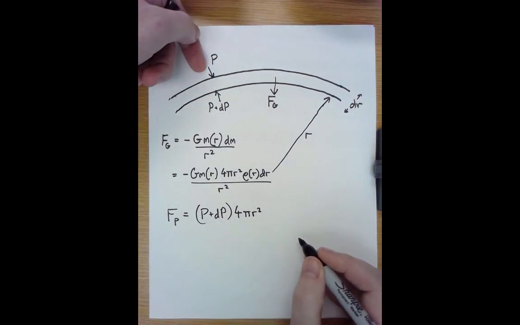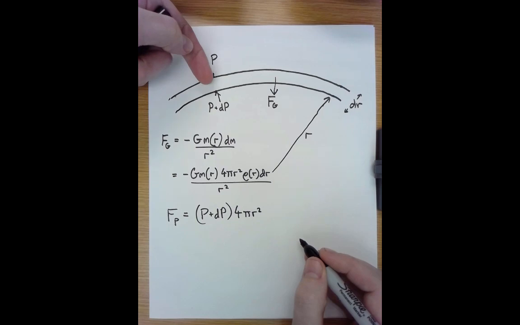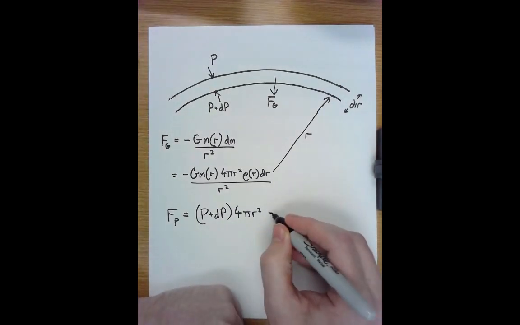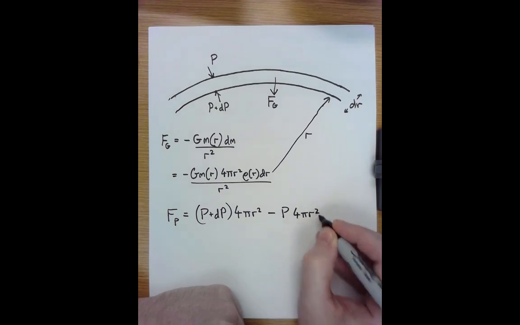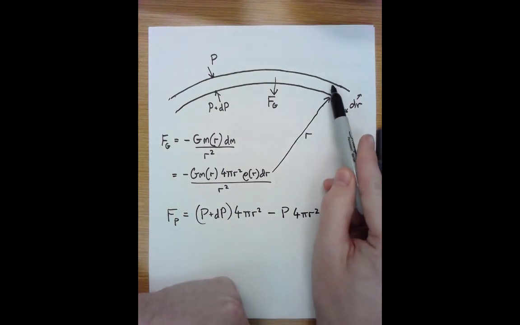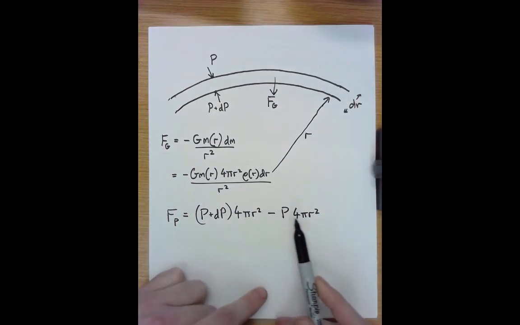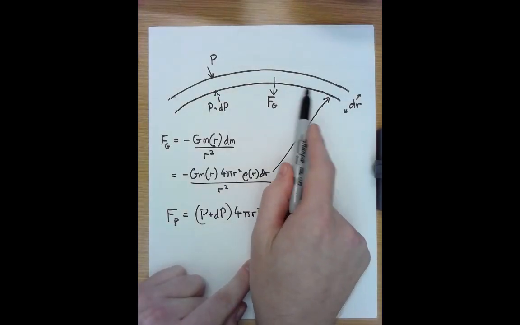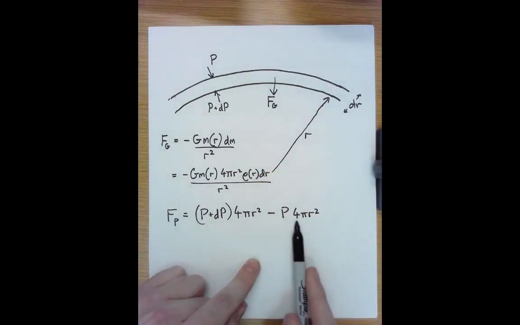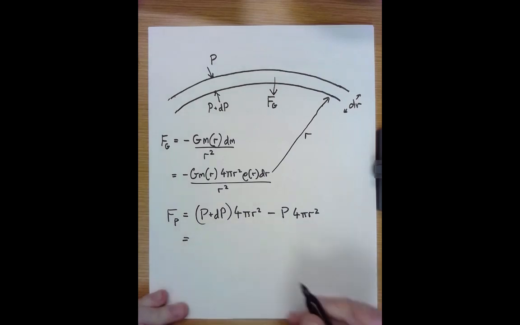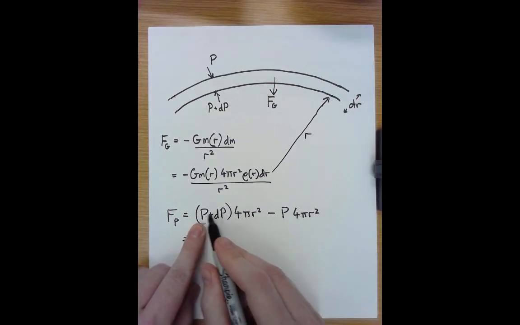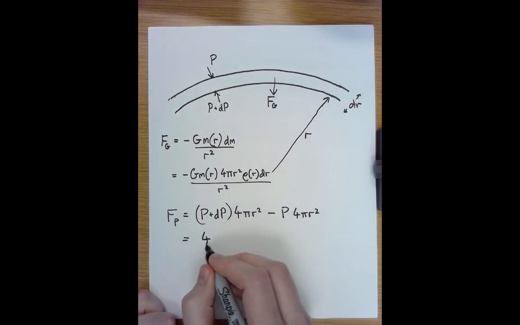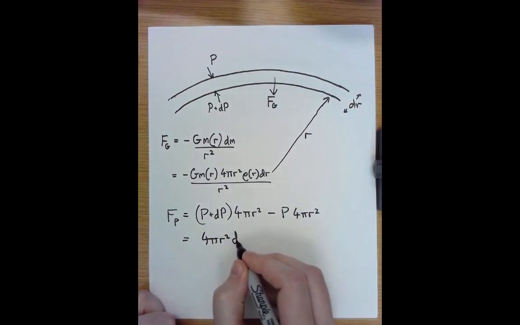And then the force acting in the other direction, pushing down on the top layer of the spherical shell, is P times the surface area. Because we're dealing with an infinitesimally small shell, as dr tends to 0, the surface area of the bottom is equal to the surface area of the top, which is 4 pi r squared. So this P times 4 pi r squared is going to cancel this P times 4 pi r squared to leave 4 pi r squared dP.